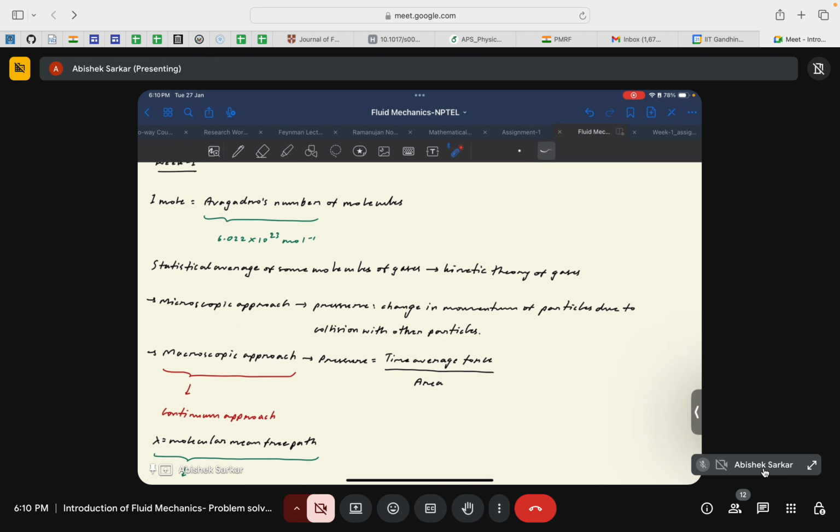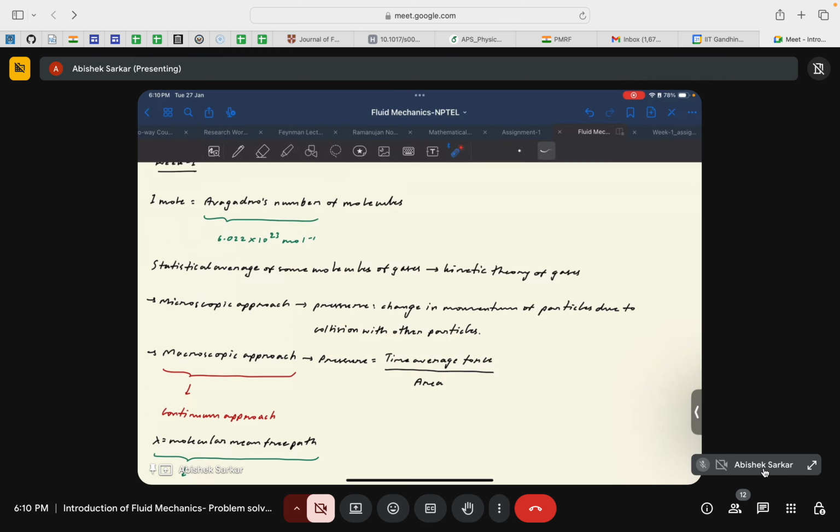There are more fluid molecules, or air molecules, colliding on the surface of this plate, resulting in a higher pressure. More particles are imparting their momentum on the surface of the plate, resulting in higher pressure.